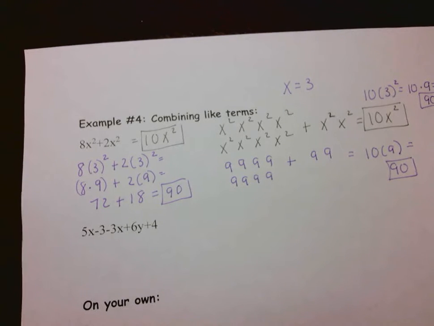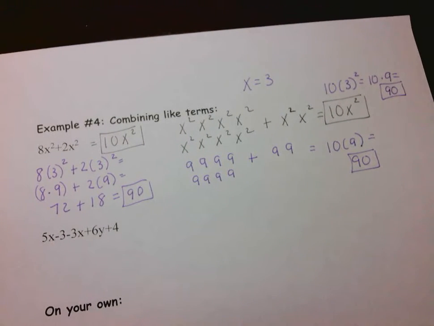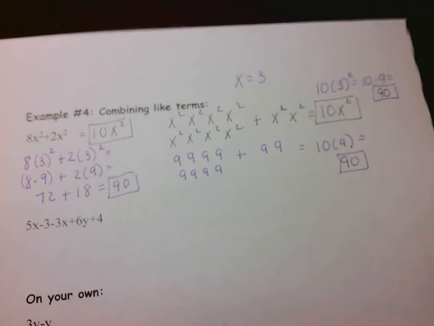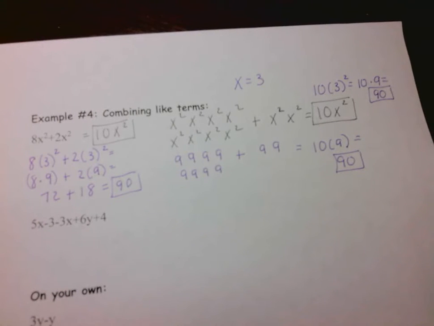And there's your proof. I know it seems kind of silly for me to go through this, but it's extremely important that you understand why when you're combining like terms.